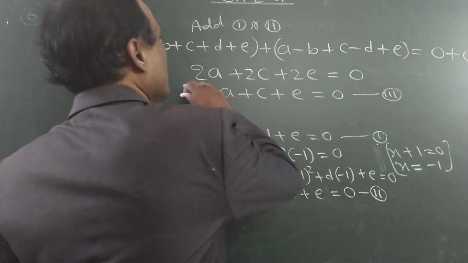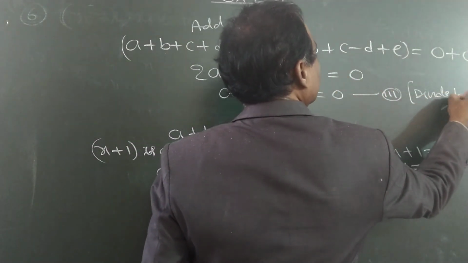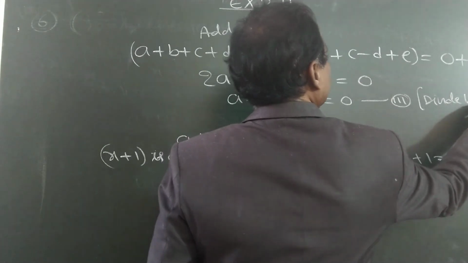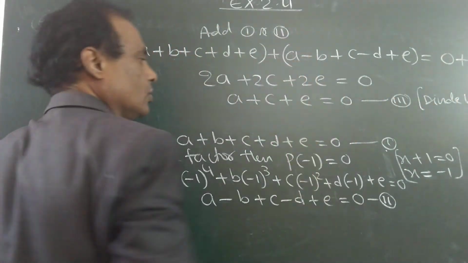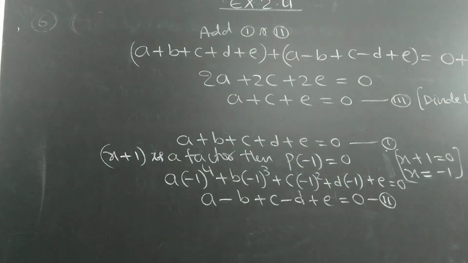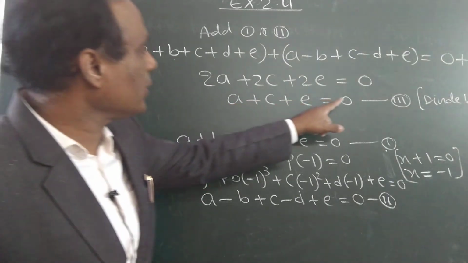So what I did? Divide by 2. Dividing by 2, A, C, E, 0 by 2 is 0. A plus C plus E value is 0.